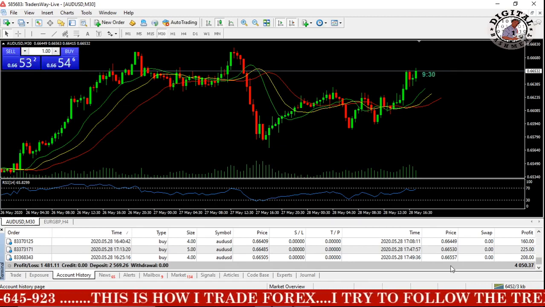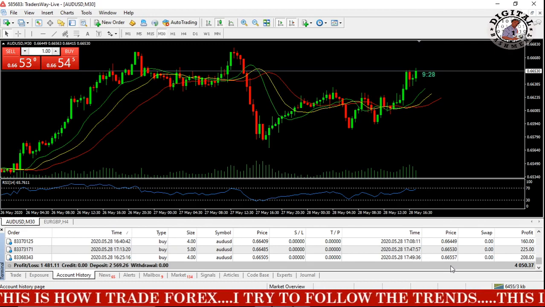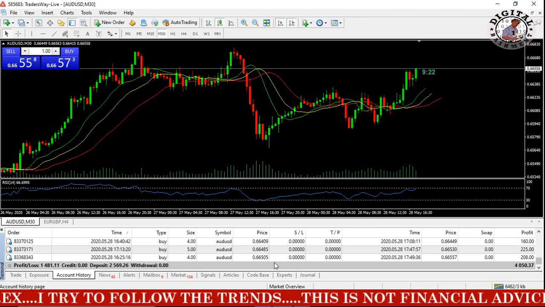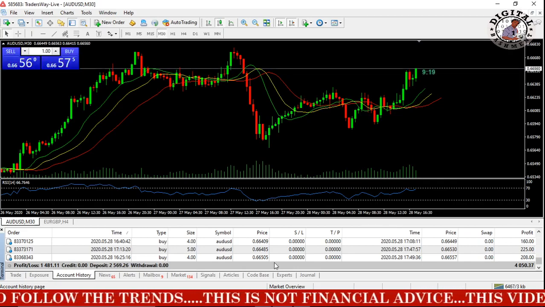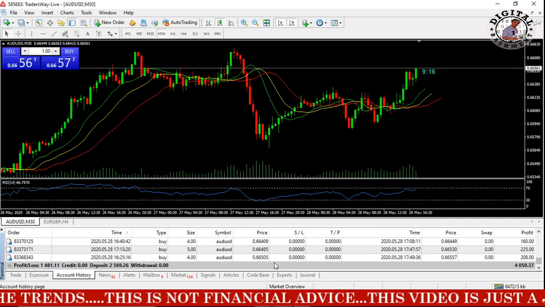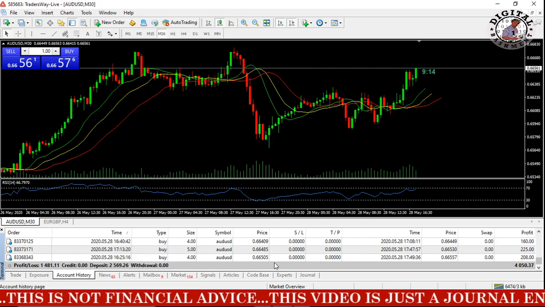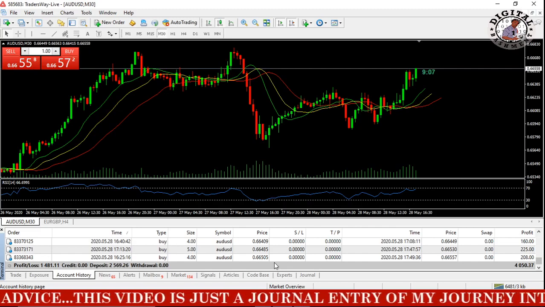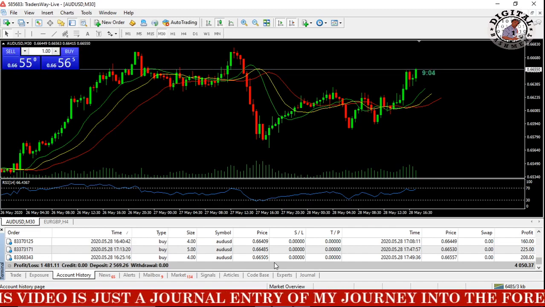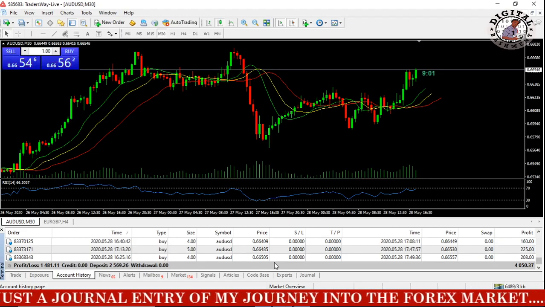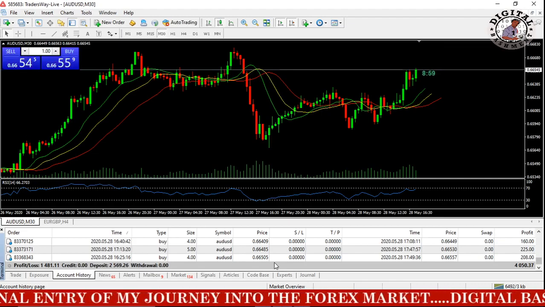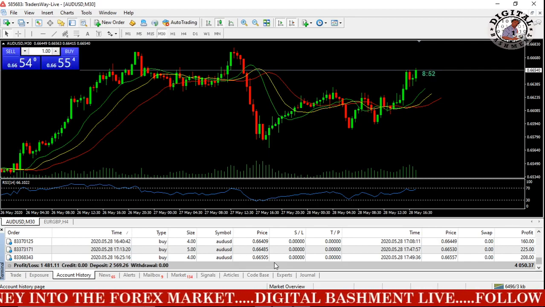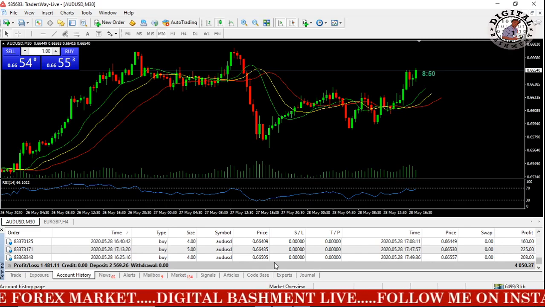The lot sizes, I'm trading big lot sizes because I have enough in my account in case it dips. But once you're starting off, you could start off with smaller lot sizes, because the bigger the lot size, the bigger the risk. So you don't blow your account. Alright, so this was my day. Today, Thursday, May 28th, 2020. We started around 9:25. It is now 10:51 a.m. and my trading day is done.